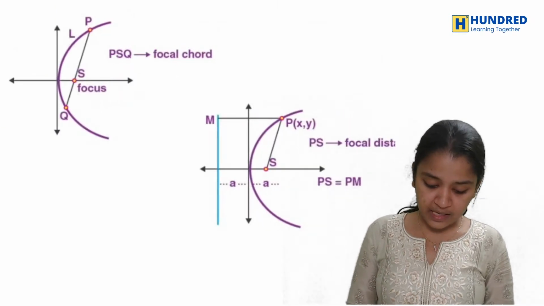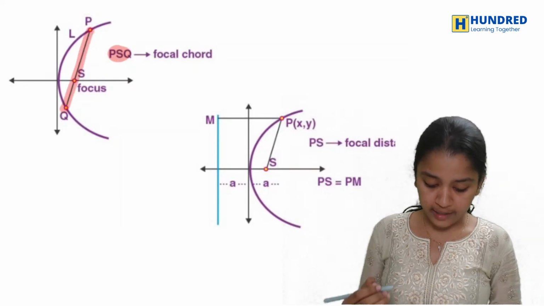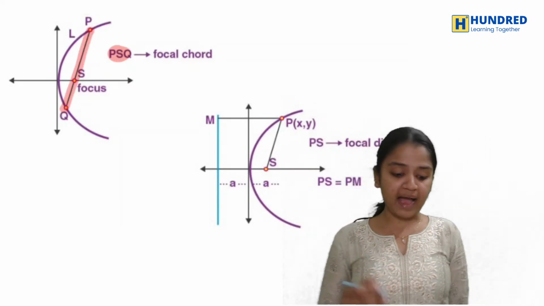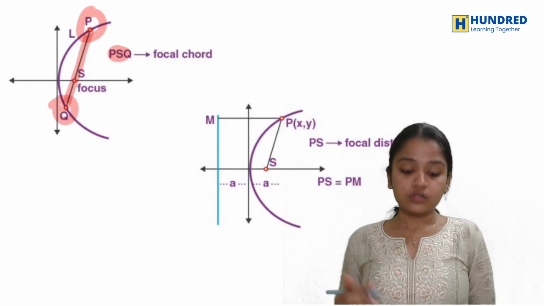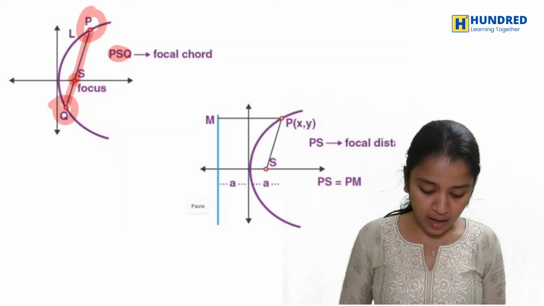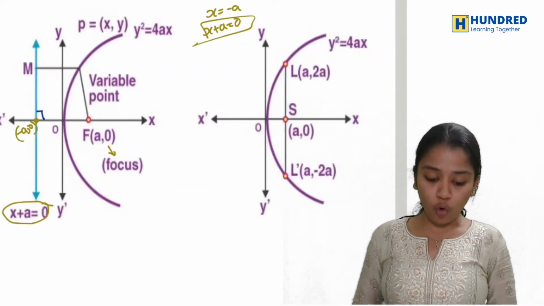So this PSQ is your focal chord, and it cuts your parabola at two distinct points. This is your focal chord because it passes through the focus. That's why you say it is a focal chord.